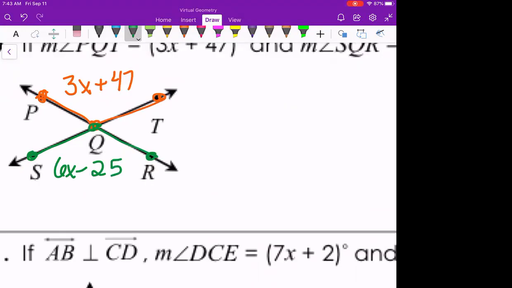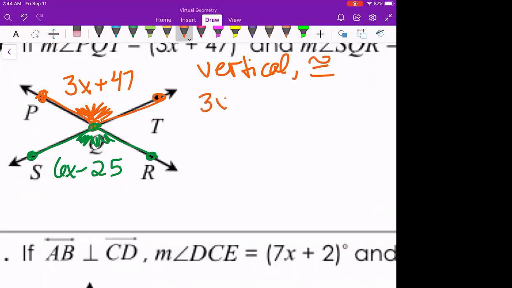Find the measure of angle SQR. So we want to know, what is this space at the bottom? What is its total value going to be once we know what our X is? So it's all about where are these located. These two angles are vertical, which means they're congruent. So when we solve this, those equations must be equal. So 3x plus 47 must equal 6x minus 25.